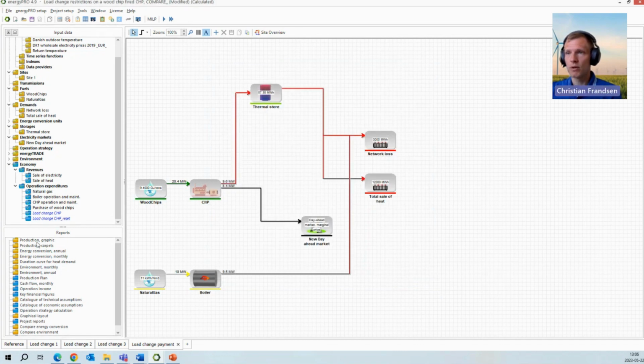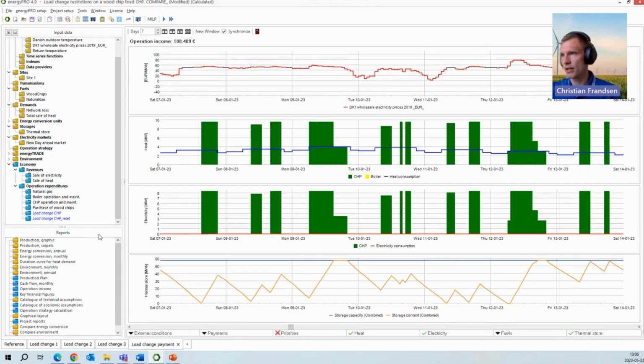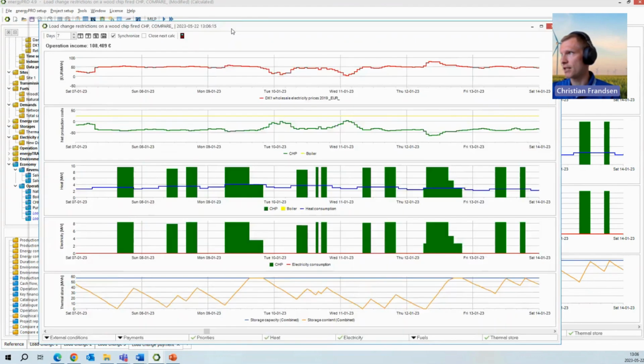So when looking at the results, we see that in the same week as before, there are a lot fewer fluctuations. Maybe if you don't really remember, I can try to have both results on the screen at the same time.